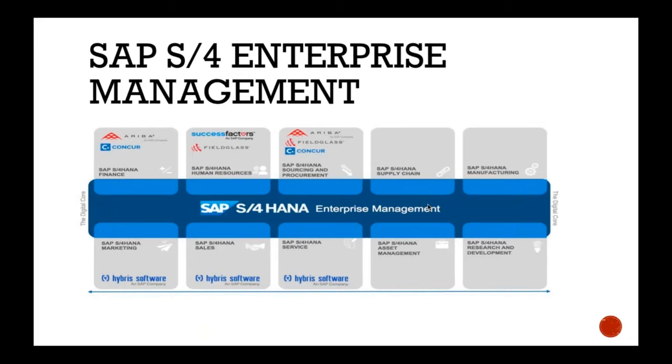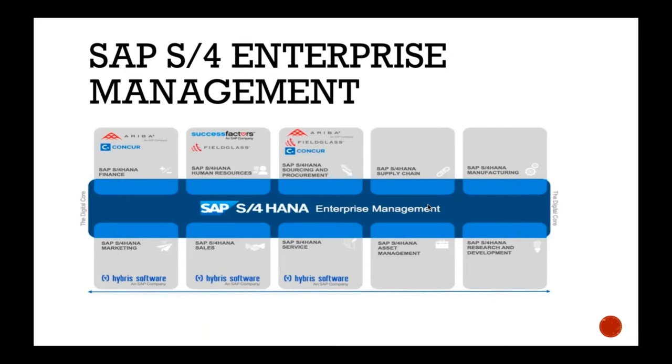So the scope of S4 HANA Enterprise Management is much bigger compared to the scope of SAP ECC, because CRM, SRM, APO, EWM, BPC, BW, I told you, everything is embedded now within the central component. So we don't need them surrounded by the central component.